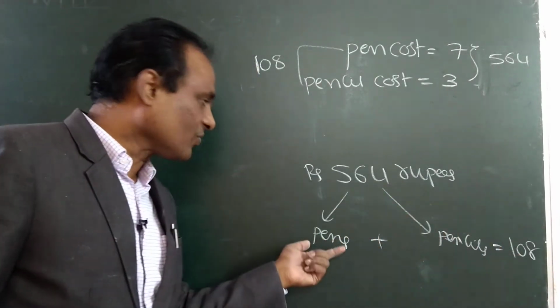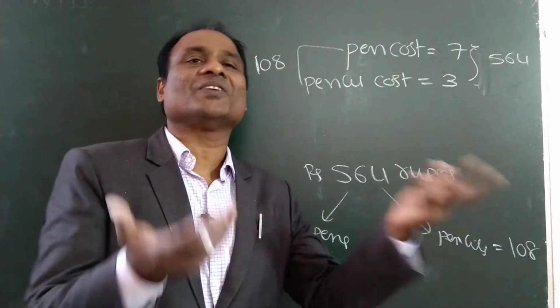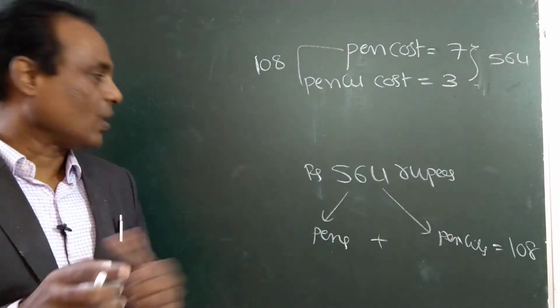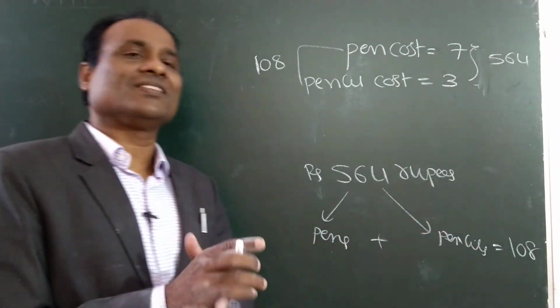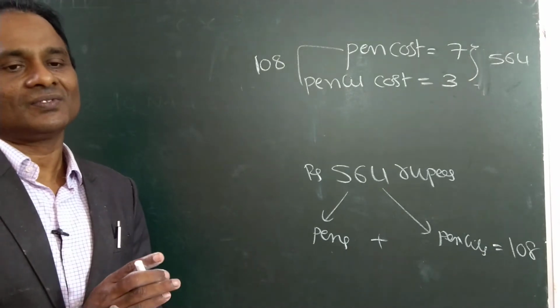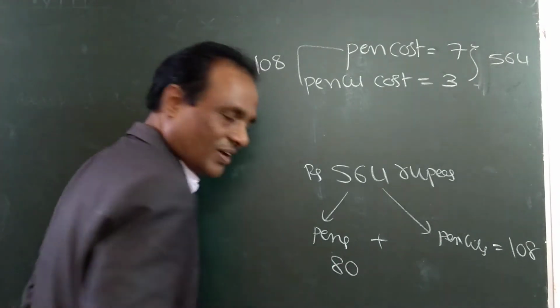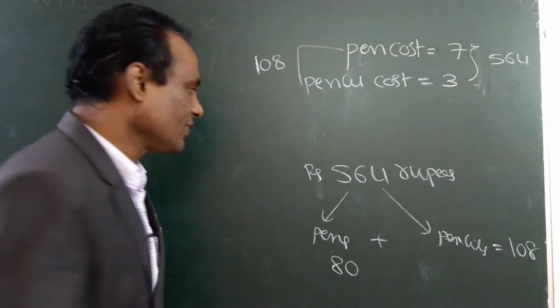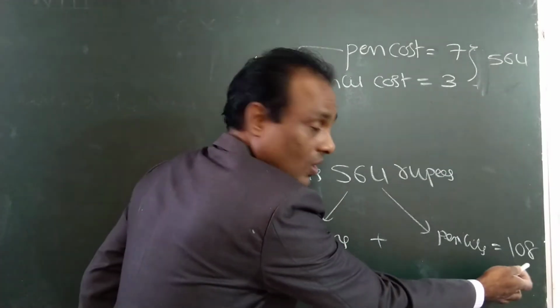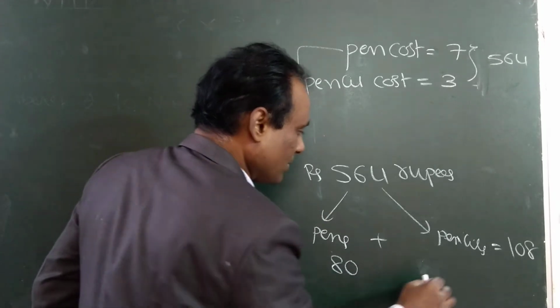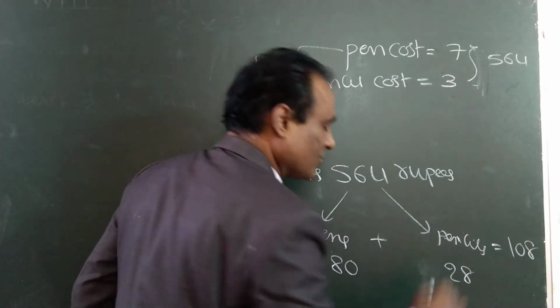So how many pens do we have to purchase? How many pencils? Suppose 80 pens, for example. Then how many pencils? Total 108, no? 108 minus 80 means 28 pencils.